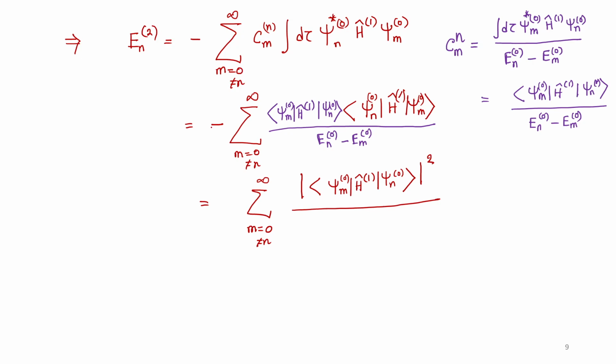divided by, as the minus term is there, so what should I do? I can write it in E_n naught minus E_m naught. Am I making any mistake here? I may have made one mistake. Let me check.